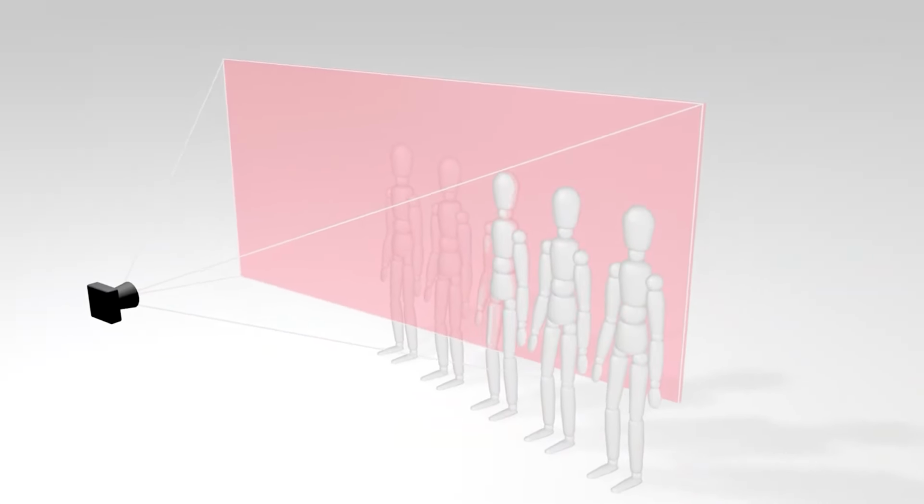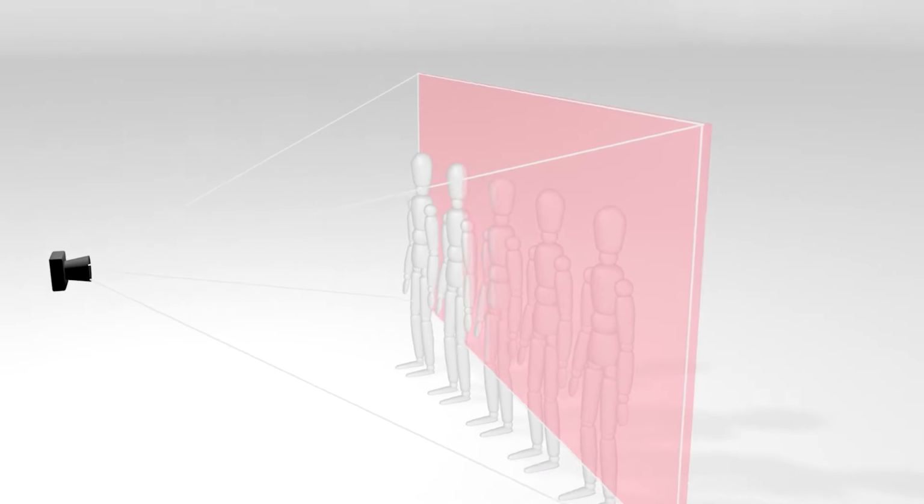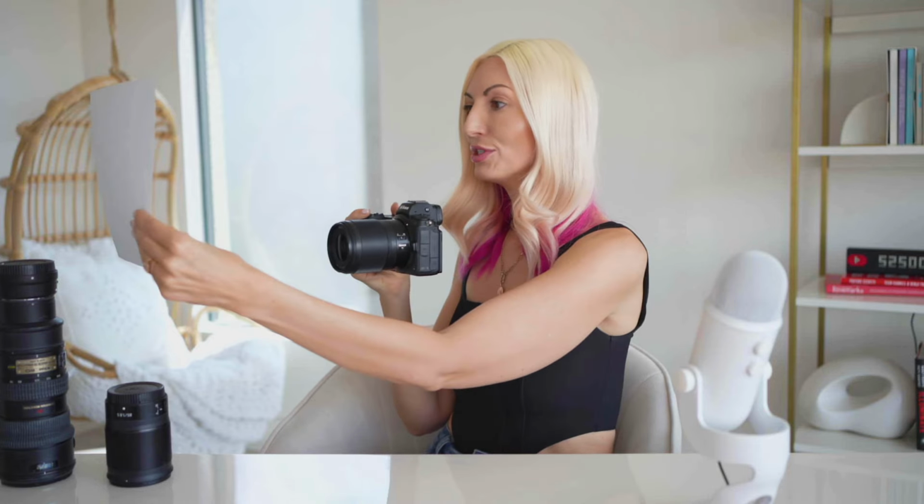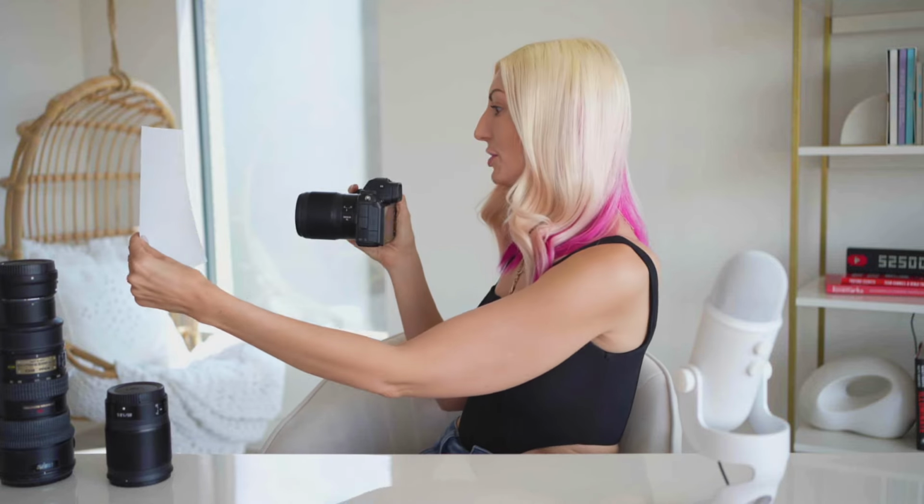So based on these two things, imagine there's an invisible sheet, similar to a sheet of paper, that runs through your picture. I'll turn to the side. That sheet of paper is going to follow the angle of your camera and move out to your focus point, and that will be your focus plane.